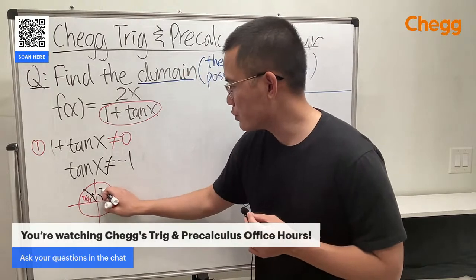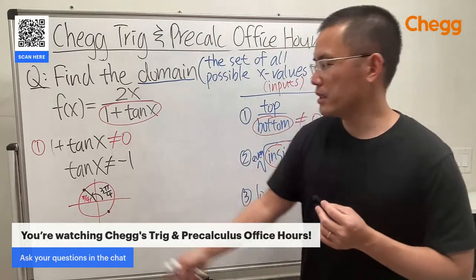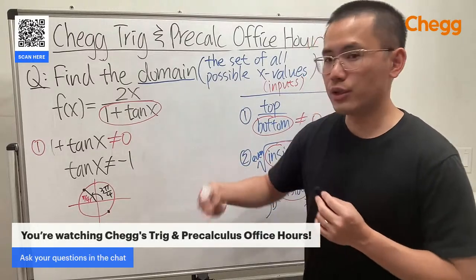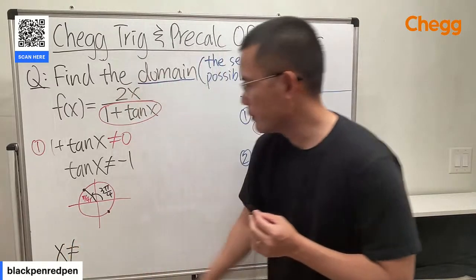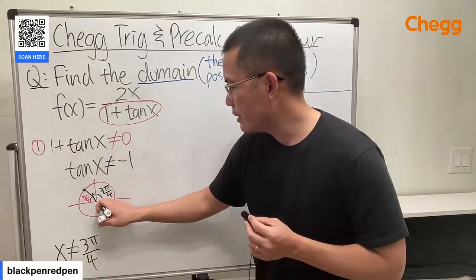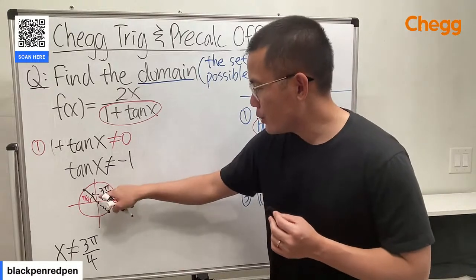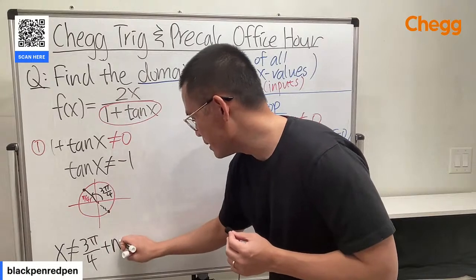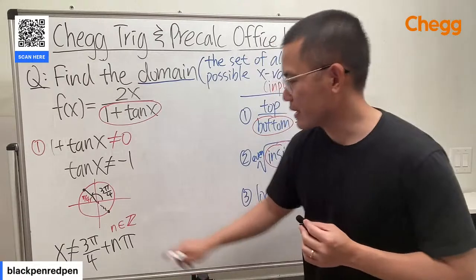So this angle here is 3 pi over 4. And you can just find one answer because for tangent, the period is pi. So you can just start with one answer and then continue. So we cannot have x equal to 3 pi over 4. And then to get to the next point, just add pi, continue, and then subtract pi, continue. So we just put on plus n pi, where n is an integer.